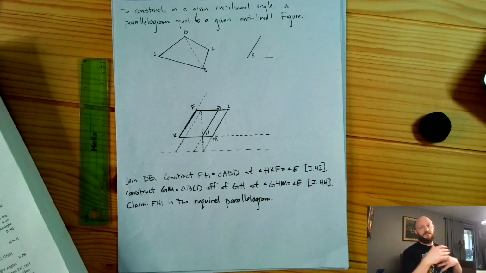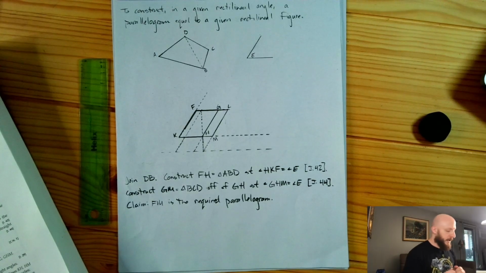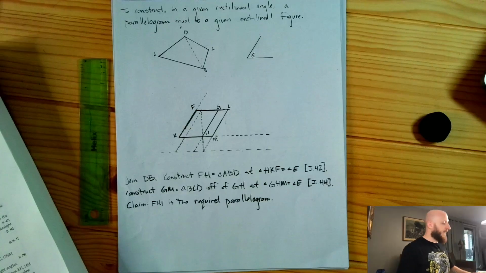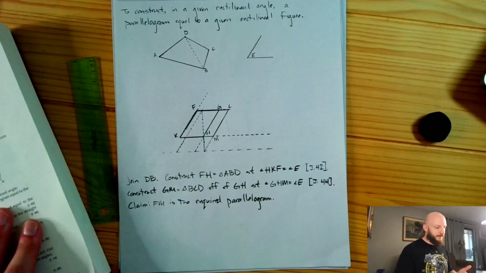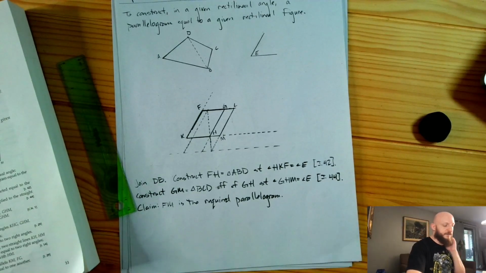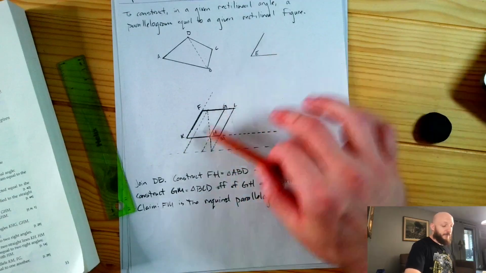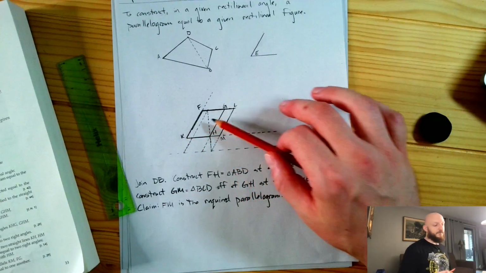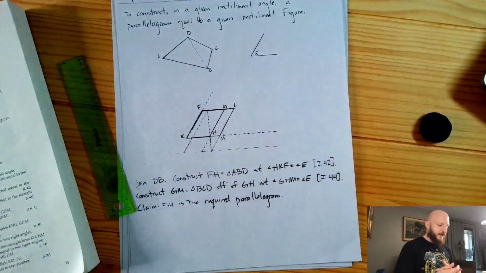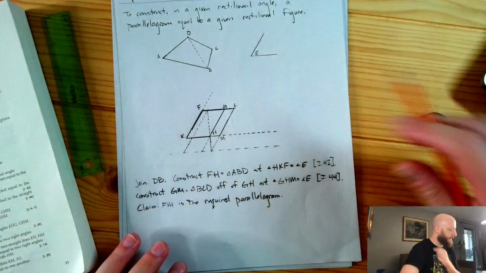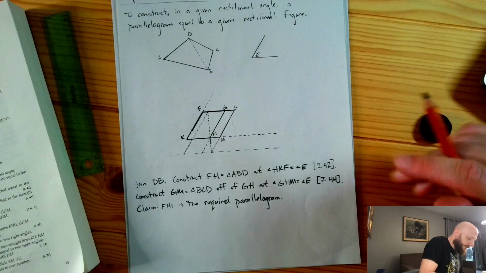So the opposite sides are equal and parallel. And there is some work that we need to do in order to prove that, because beyond that, the other requirements are kind of already built in there. It's built in with angle E, yeah, definitely. And that the area of the parallelogram is equal to the area of ABCD, which hopefully is kind of obvious since we constructed it that way. But we need to prove that FM is a parallelogram, which is not trivial. Okay, so we need to prove this.